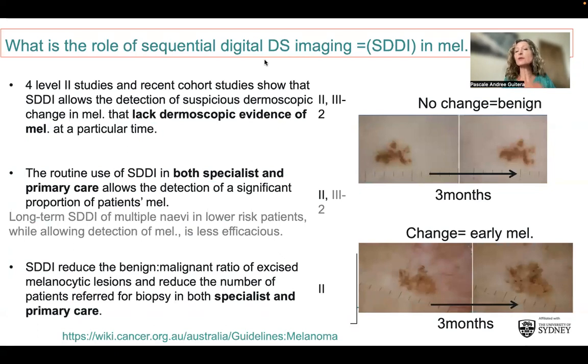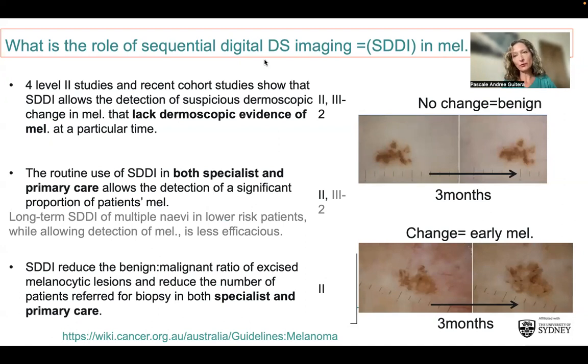Basically, even if it lacks any features that are well known of melanoma on dermoscopy, if it's changing in 3 months, it needs to be removed and is most likely melanoma. If it's not changing, it can be safely monitored.